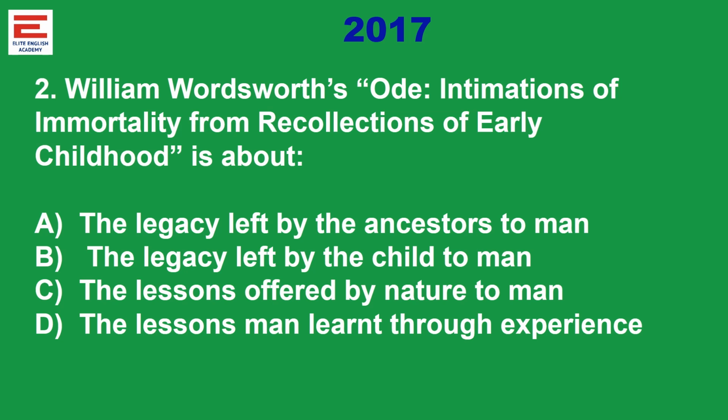Like that, we talk about something past that was great. So the legacy left by the ancestors, definitely Wordsworth is not talking about the ancestors. The legacy left by the child, definitely it is not. So the last two. Naturally, the lessons offered by nature to man is the answer.